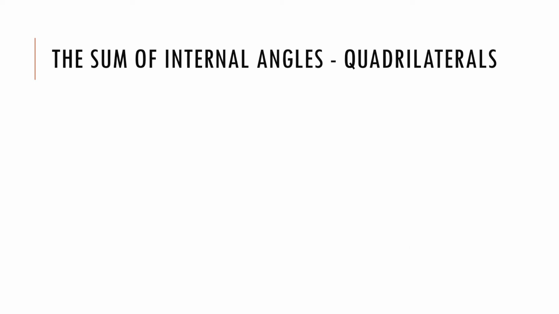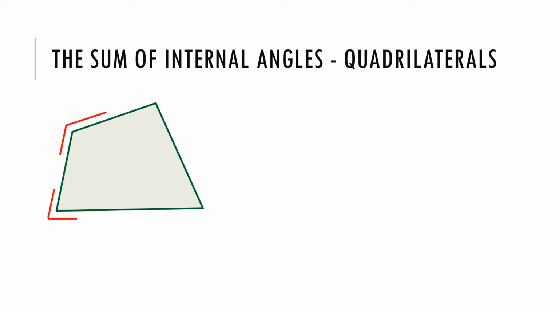Now how do we figure out the sum of internal angles for quadrilaterals? We can start with a quadrilateral, measure all the angles, glue them together, and figure out that they form 360 degrees, a full rotation.